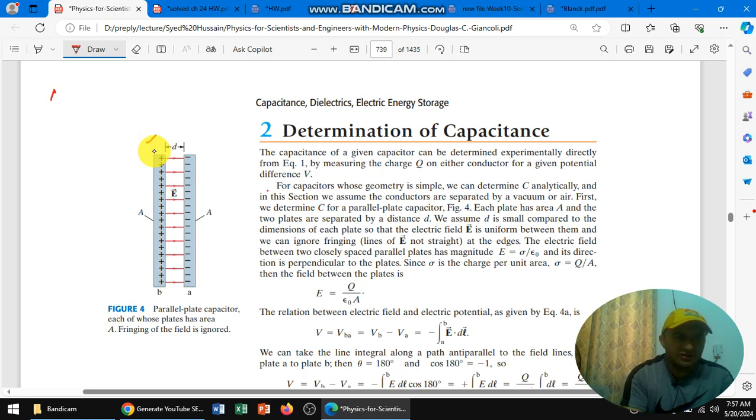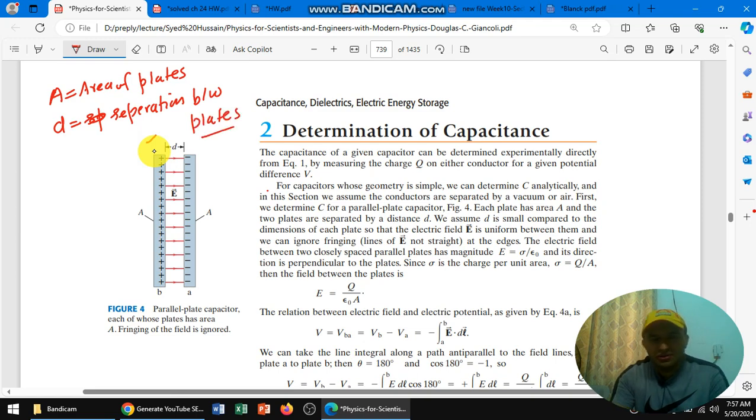So area A is the area of the plates, and d is the separation between the plates.